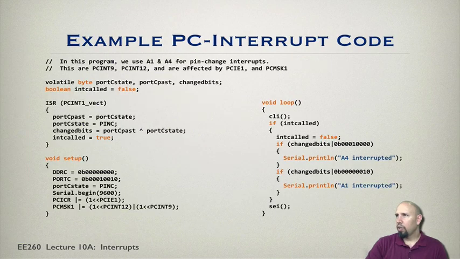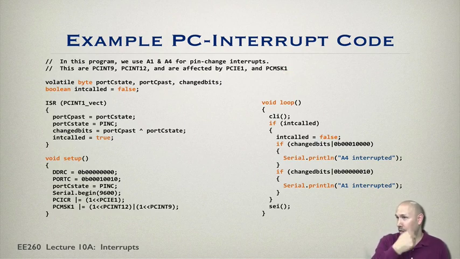Okay, and so now you have to work with it to keep track of which one worked. So in this particular case, here's an example code. We want to use analog 1 and analog 4 for pin change interrupts. So again, these are PCInt9 and PCInt12. These are affected by PCIE1, interrupt enable 1, and PCMSK1. Okay, so PCIE1 is a bit, PCMSK1 is a byte.